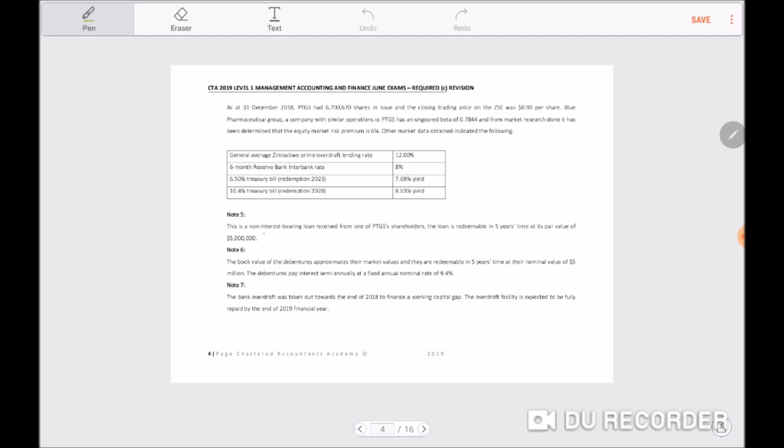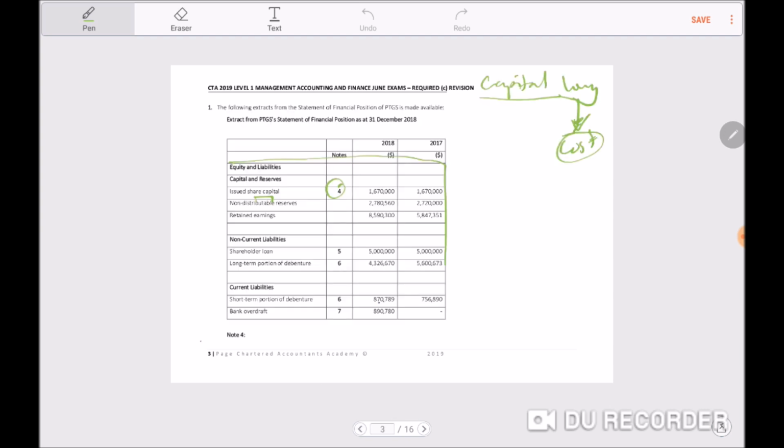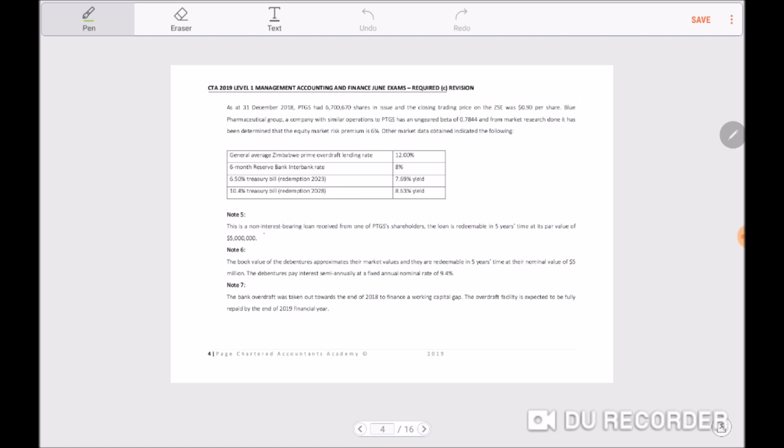We're told that these are ordinary shares, so they are a permanent source of finance, and there are 6.7 million in issue currently trading at 90 cents. So for our market value, we just multiply 90 cents by this number.